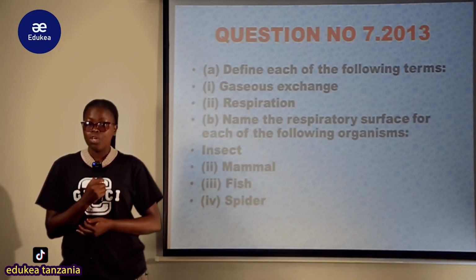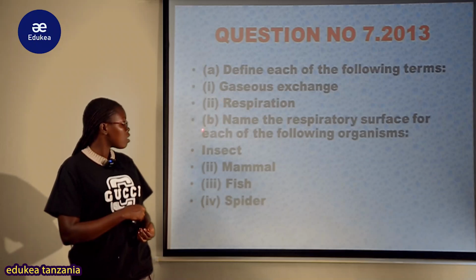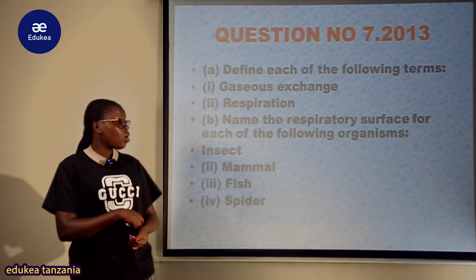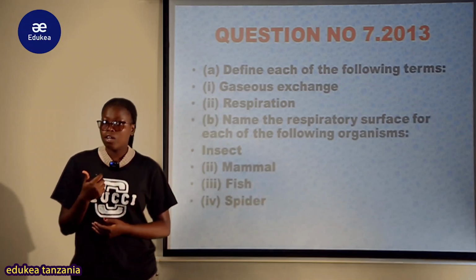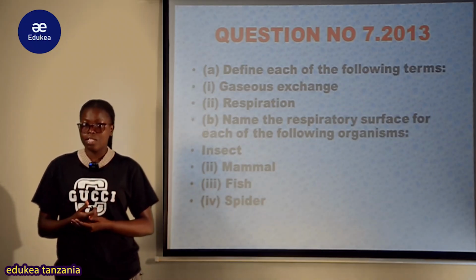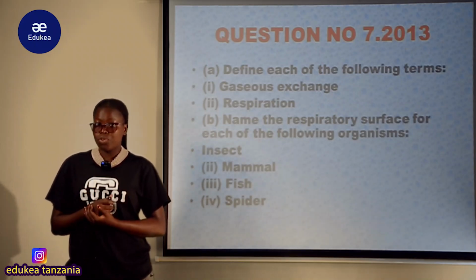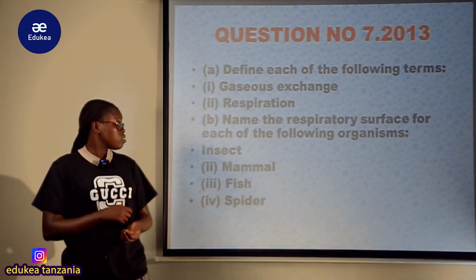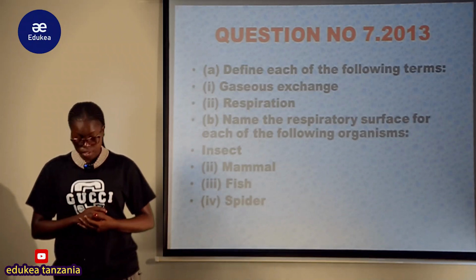Roman B also requires you to be aware of the concept of gaseous exchange, especially the respiratory organs. Knowing the respiratory organs of a variety of multicellular organisms, we tend to have specialized respiratory organs. So now let us attempt our question.